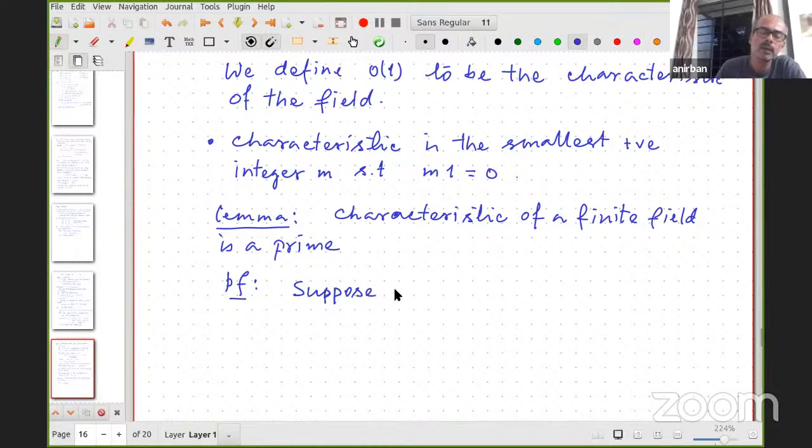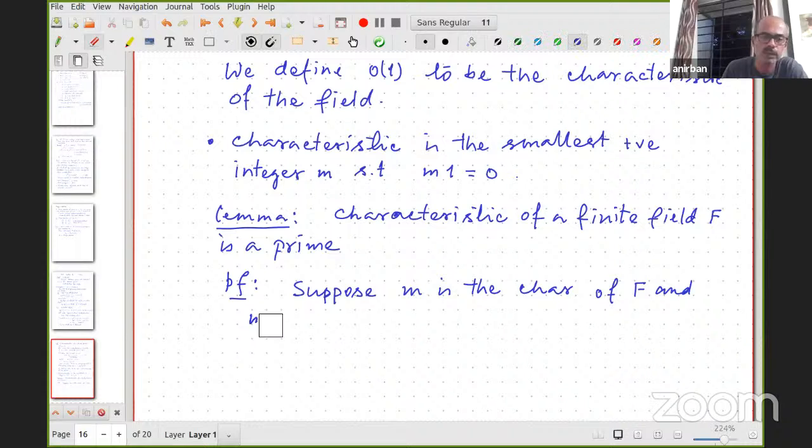Suppose m is the characteristic of the finite field F, and suppose, if possible, that m is a composite number.